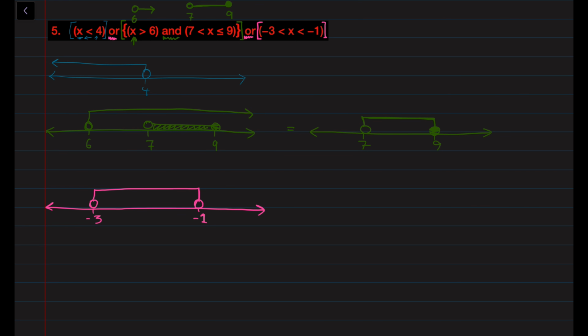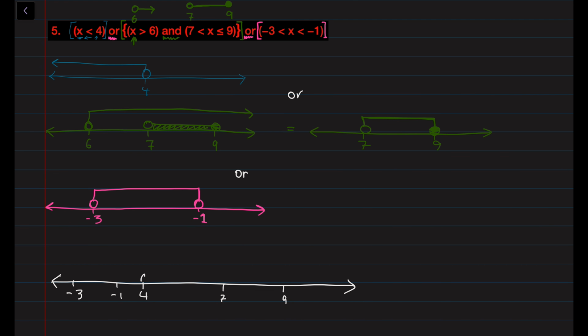So when combining our answers, we have an OR operator each time. So we're going to write OR and OR over here to remind ourselves. And we can draw our final interval over here. So we have the numbers 4, and then we have -3 and -1, and we have 7 and 9.